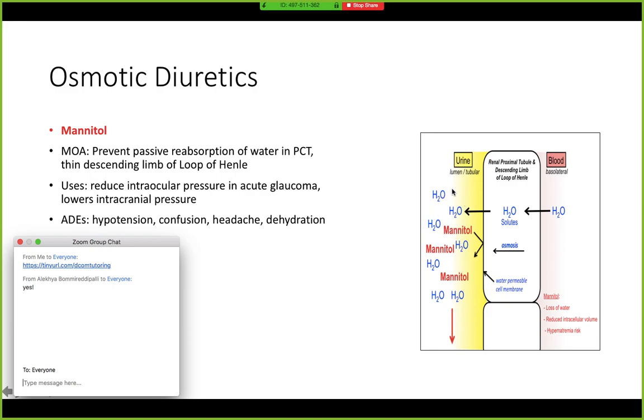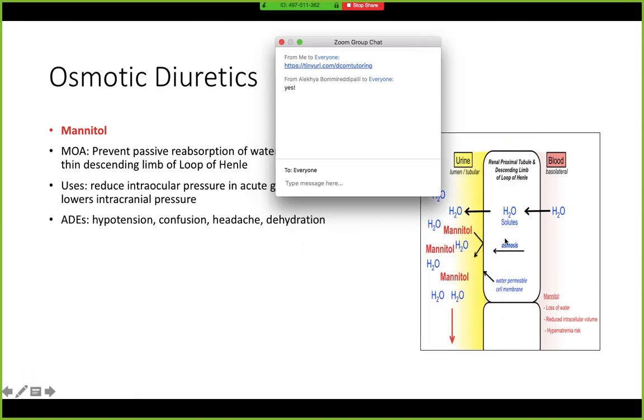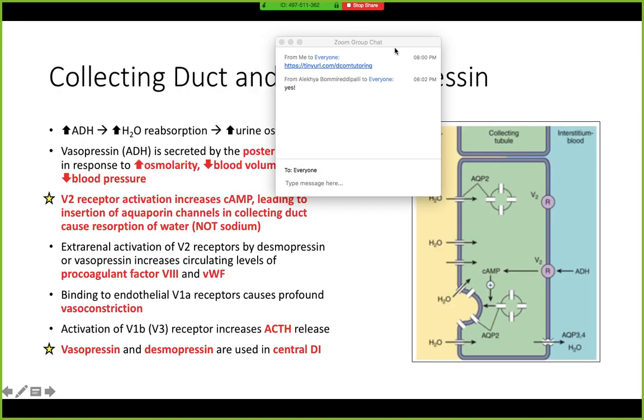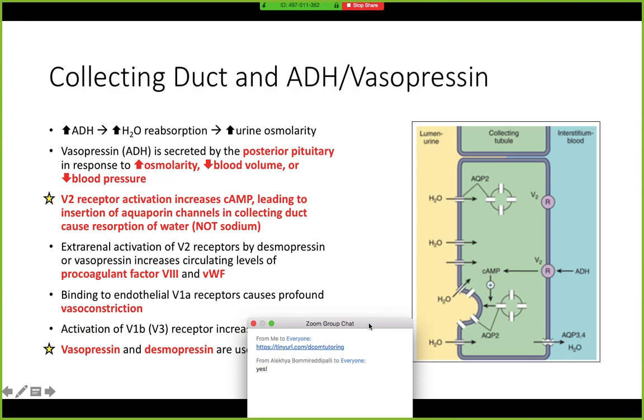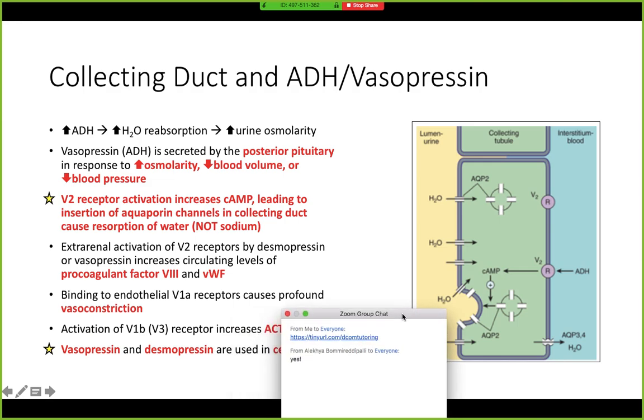As a result, water is going to hang around, and water is also going to be reabsorbed from the interstitium. The reason it's known as an osmotic diuretic is it's causing a lot of water loss, and that's due to the fact that mannitol increases the osmolarity.